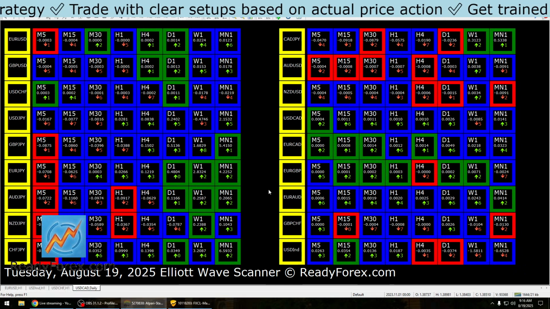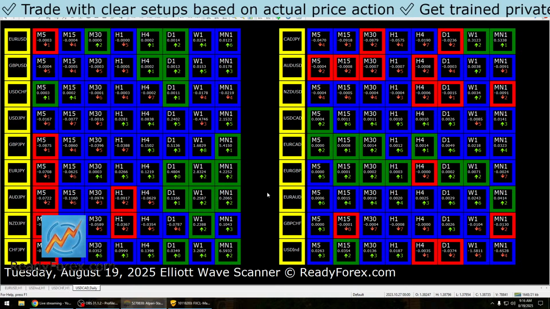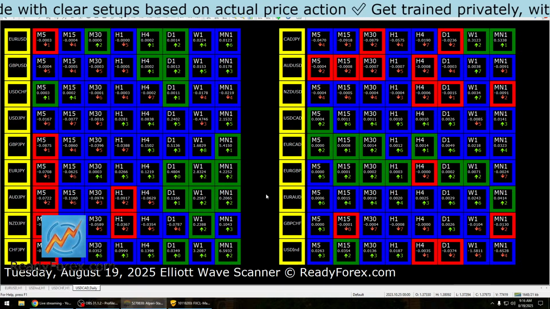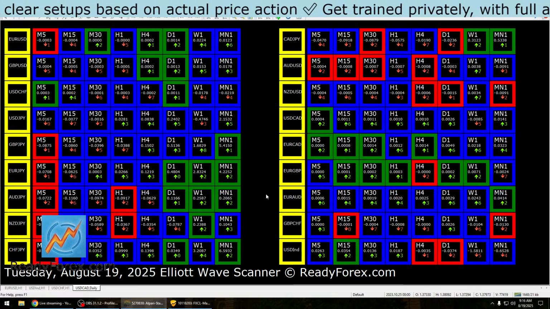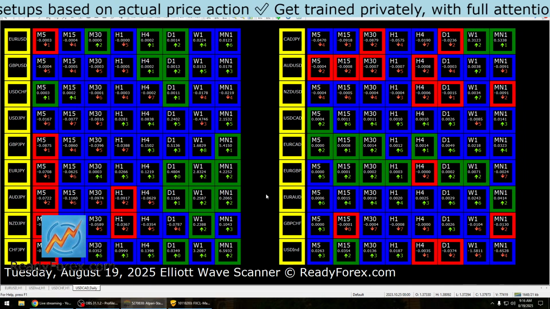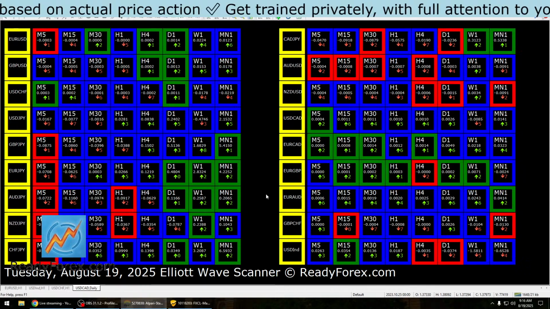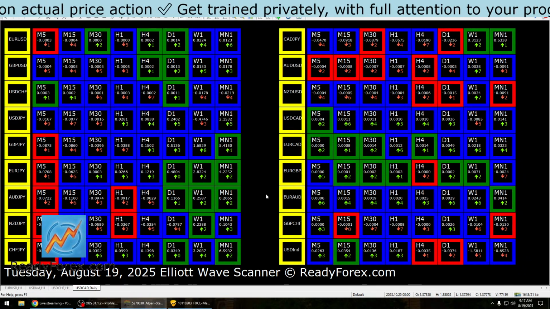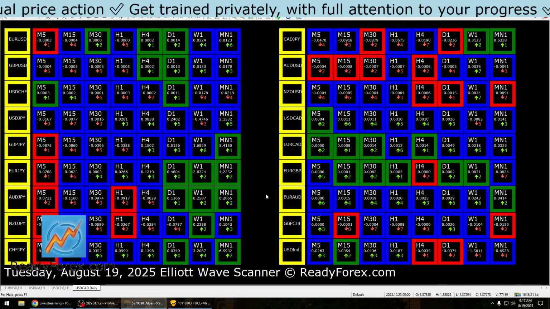Yes, AUDJPY looks bearish. Same goes with NZDJPY, and the USDJPY kind of looks sideways actually in 1 hour and 4 hour time frame.